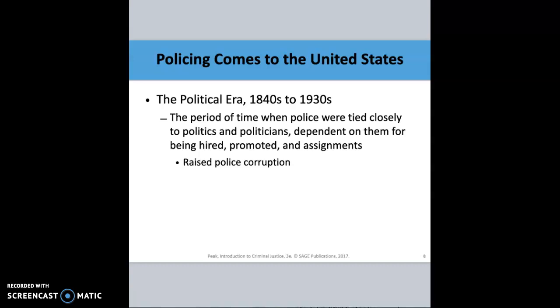So those were part of the political era because obviously if the police were able to help the local politician keep his or her seat, then they were able to keep their jobs. Typically if a new politician came in, then the old police of the prior political leader were fired and new ones were brought in that were more devoted to the new political leader, whoever that was.